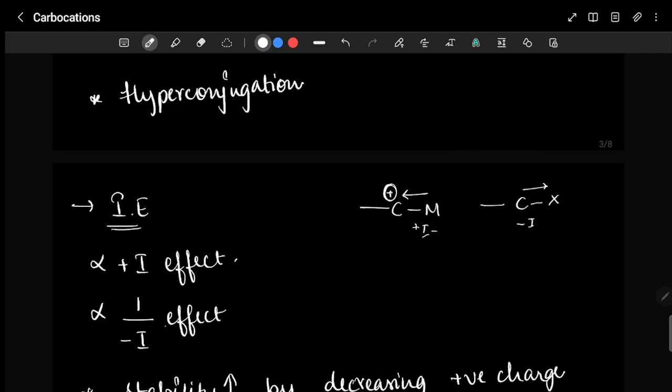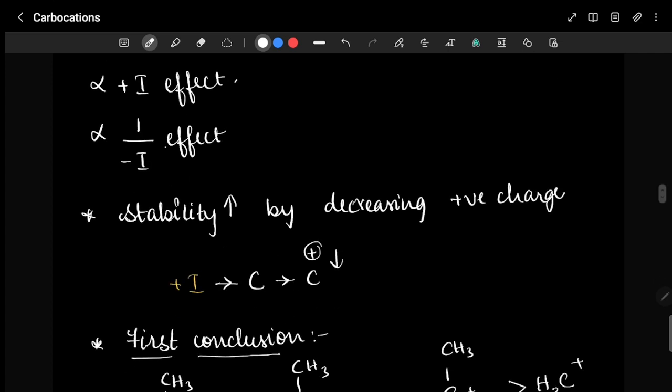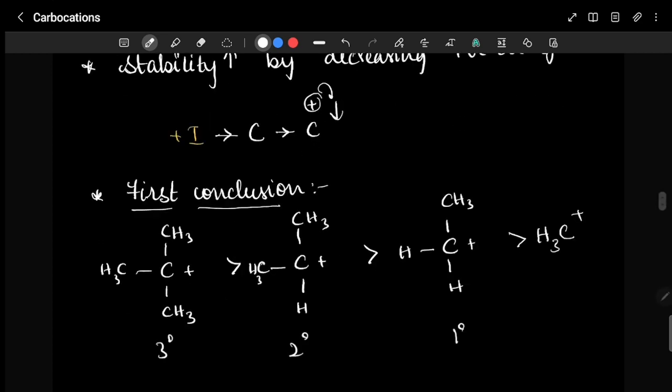So plus I effect will increase the stability of carbocation, and minus I effect will decrease the stability of carbocation. That's what is written here. Stability increases by decreasing the positive charge, by nullifying the positive charge. So plus I groups will donate electrons to the carbon plus, and hence this charge is nullified and stability increases.